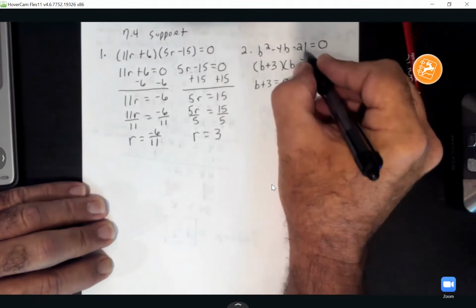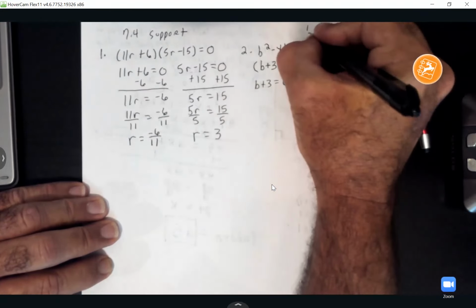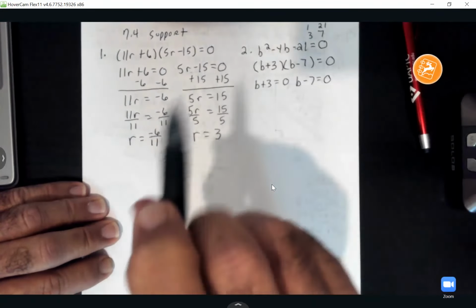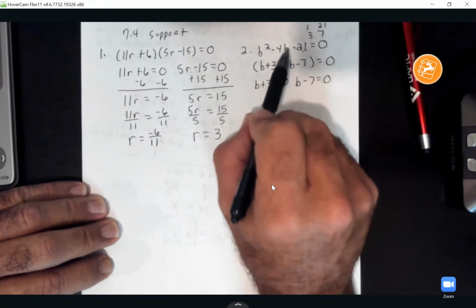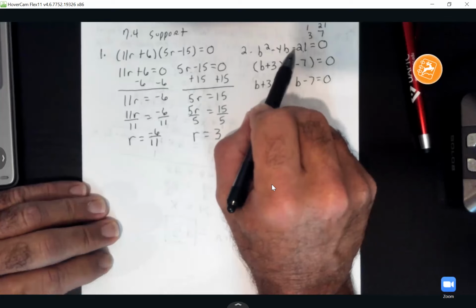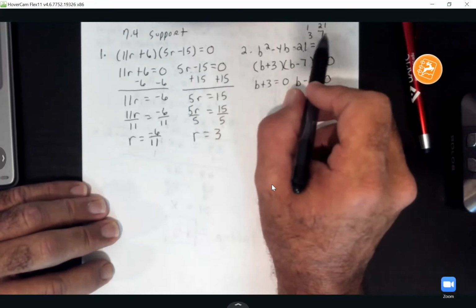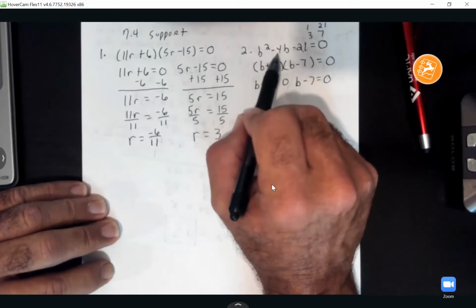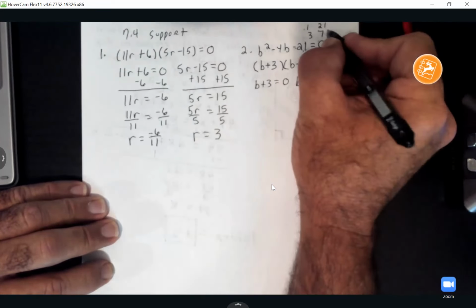Okay, so the only way to get 21 is 1 times 21 and 3 times 7. So what I look at, these are factors of 21. Since there's a minus in front of that 21, that's telling me to find 2 of these numbers here that I can subtract that'll equal a 4. So 21 minus 1, that equaled 20, so that wasn't going to work.